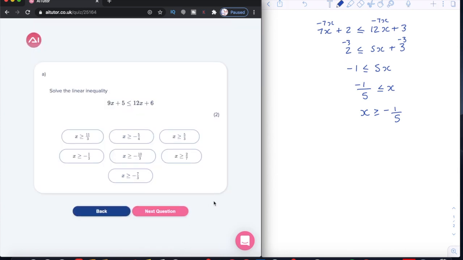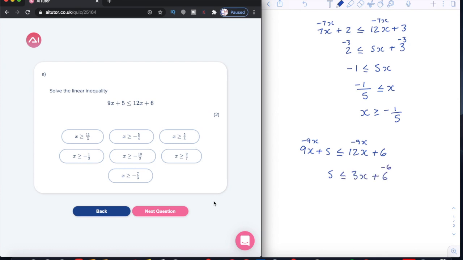So again, it's very similar. If we try this question, we've got 9x + 5 is less than or equal to 12x + 6. Again, if we subtract 9x from both sides, we get 5 is less than or equal to 3x + 6.